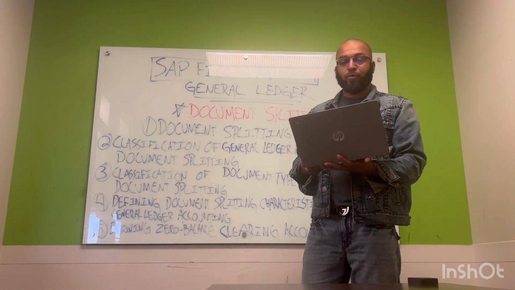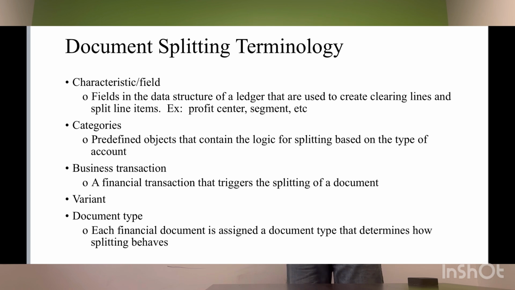Okay, for example, characteristic or field. So this is characteristic / field. What this means in relation to document splitting, the definition according to document splitting for general ledgers is, okay, characteristics / fields are fields in the data structure of a ledger that are used to create clearing lines and split line items.